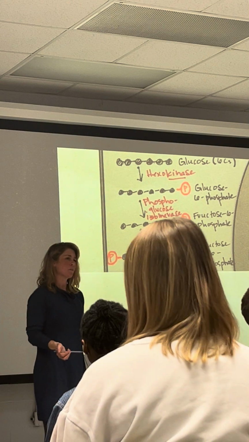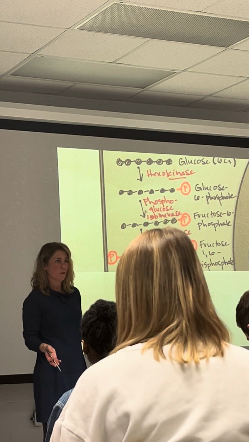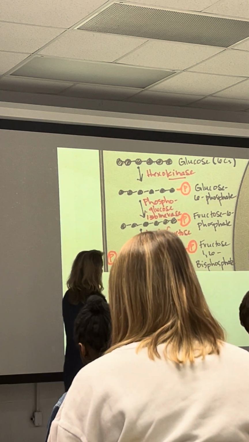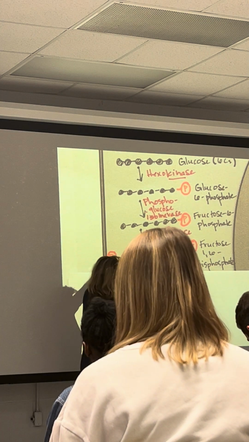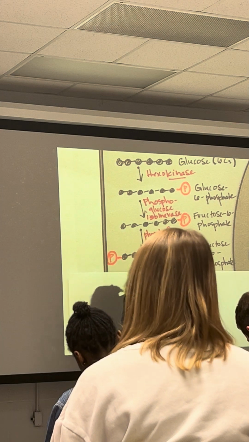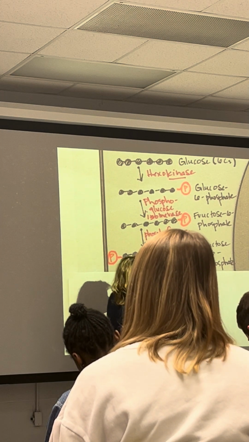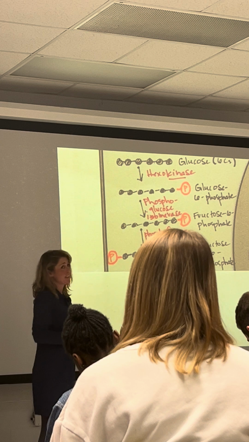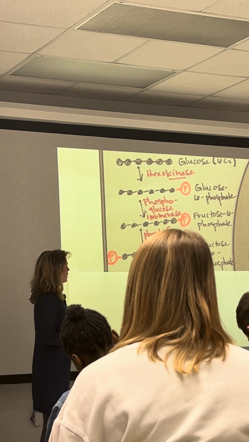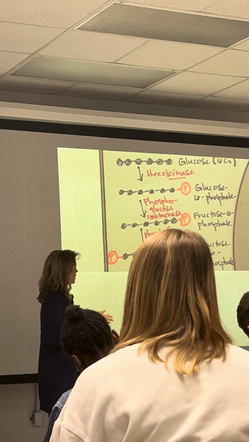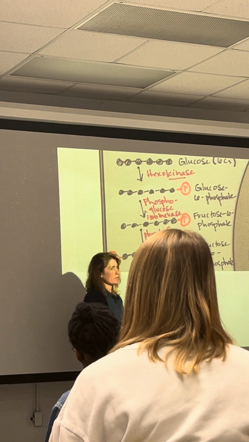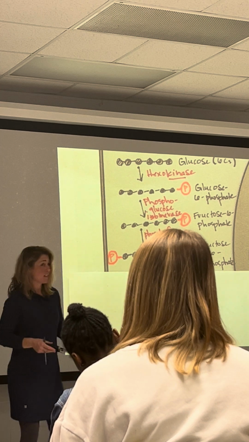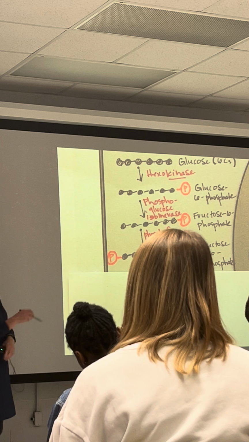If you don't really know how to interpret that, you're like, here's one more thing that I don't really know why we're calling it this. So fructose, carbon 1 has a phosphate, carbon 6 has a phosphate. So fructose 1,6-bisphosphate, that's its name. It's got a long name. So the next thing we're going to do is we're going to see an enzyme called aldolase. This is not a kinase, by the way, so we're not going to move any phosphates.